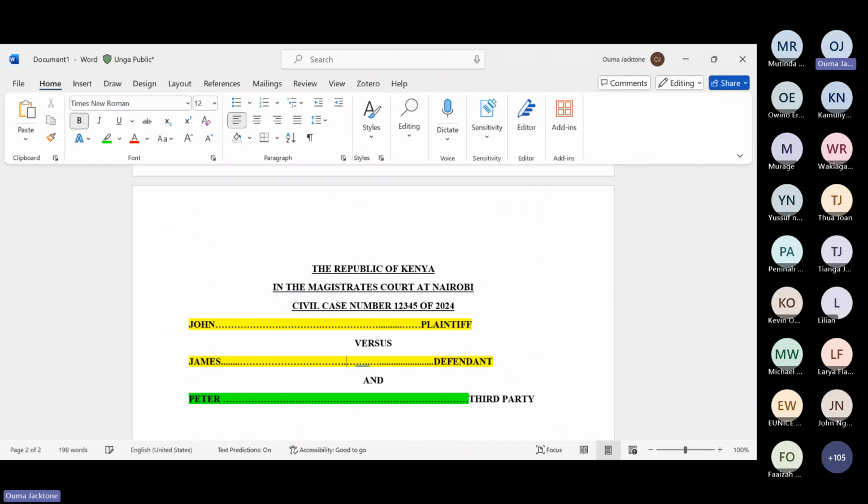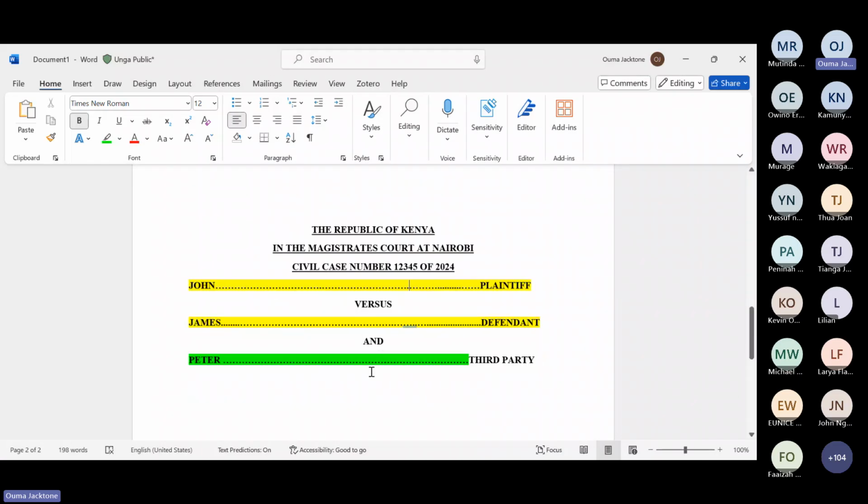So plaintiff, defendant, and the third party. The reason why we are saying "and" is because he is not part of that suit. Okay, so your third party notice will be looking like this.